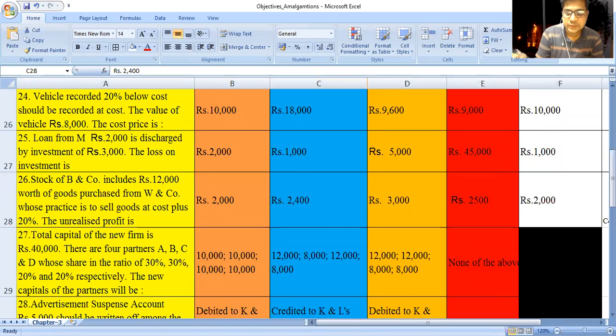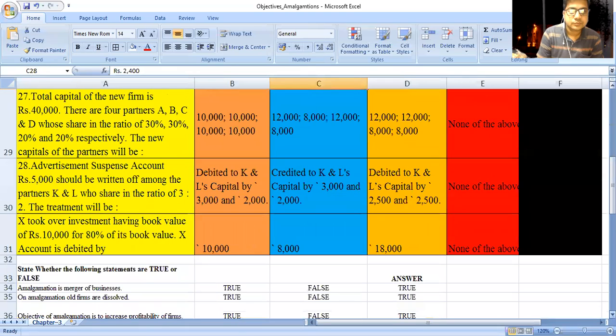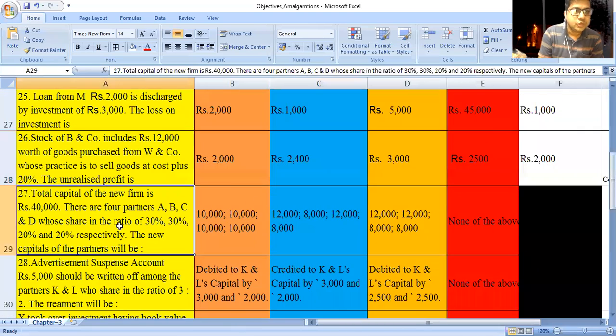Now, next question. The total capital of the new firm is 40,000. There are four partners A, B, C, D, whose shares are in the ratio of 30%, 30%, 20%, and 20% respectively.